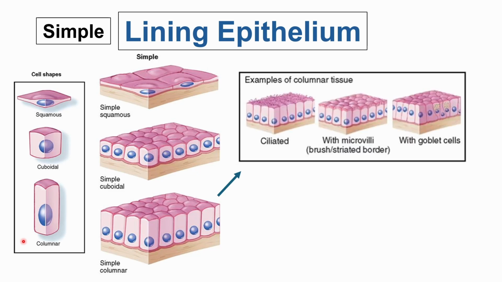But for the simple columnar, there are subtypes or subcategories because of these columnar cells, especially in the apical part of the cells, the part most exposed to the outside surface, and not in the basal part, which is of course attached to the basement membrane, di ba?